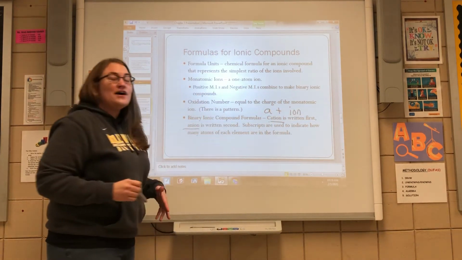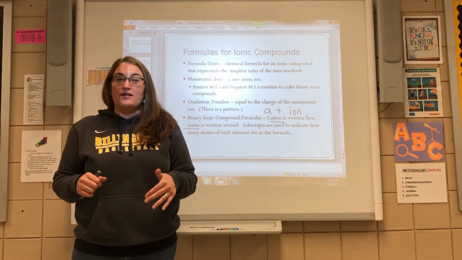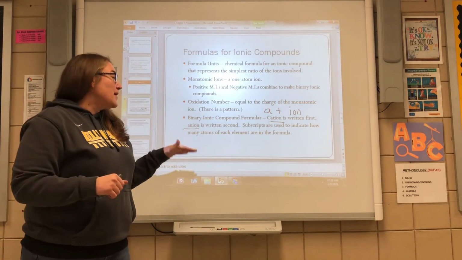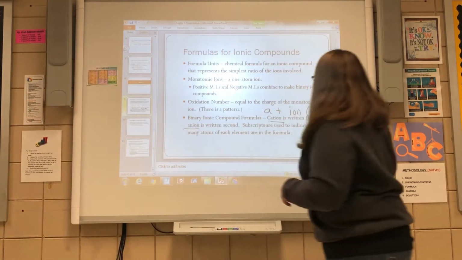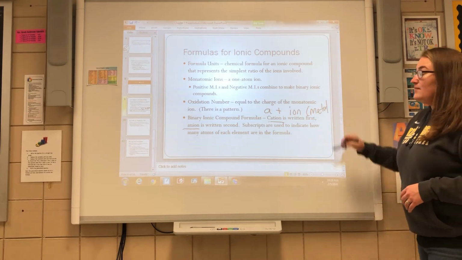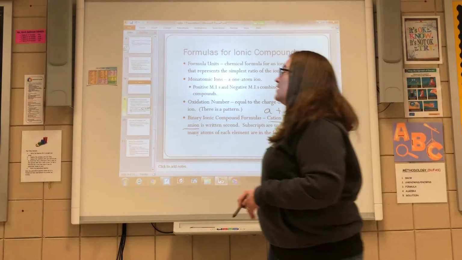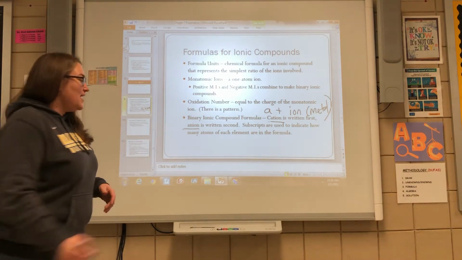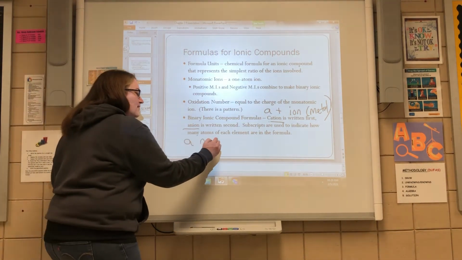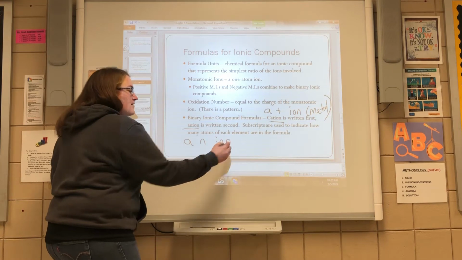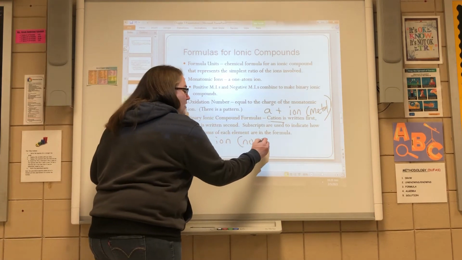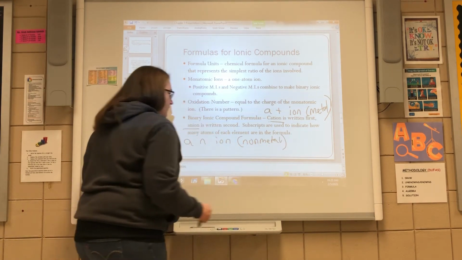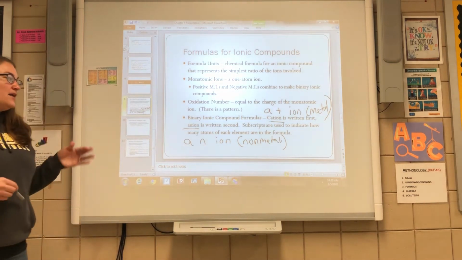So cation is referring to the positive ion. So you write that first. Your positive ion is usually going to be your metal. Okay? And if you have an anion, what charge is that? Negative. A negative ion. So it's negative. You're going to be looking at as your non-metal. Okay? When you're looking at binary compounds.